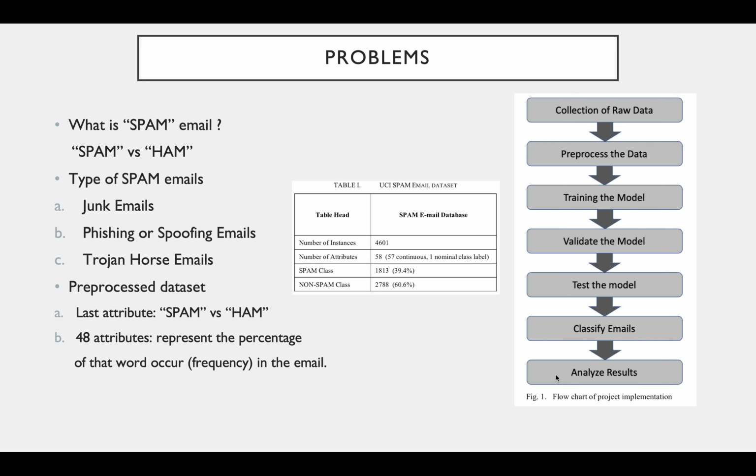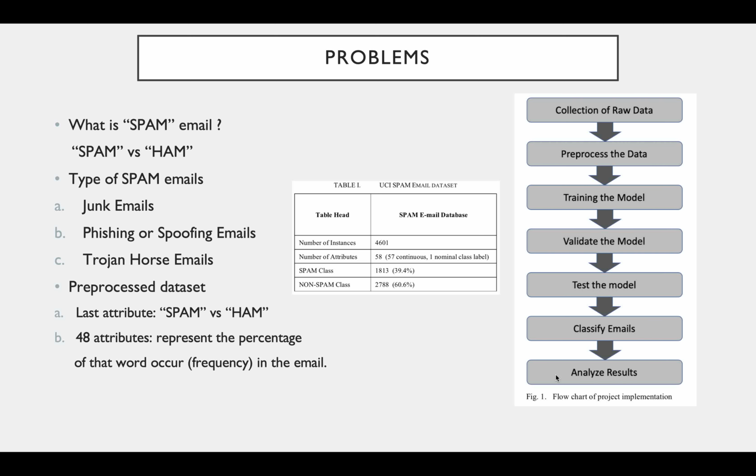And then the preprocessed datasets. The dataset I used for implementing this project is the UCI spam email dataset. This dataset has a total of 4,601 emails, and it has 58 attributes, and 39% of the emails are in the spam class.